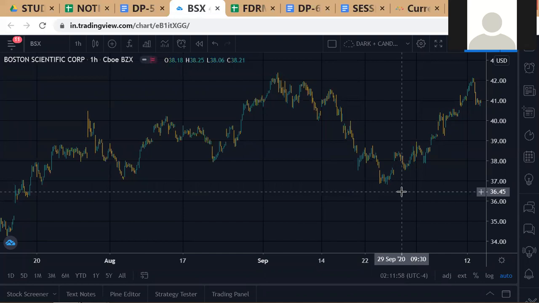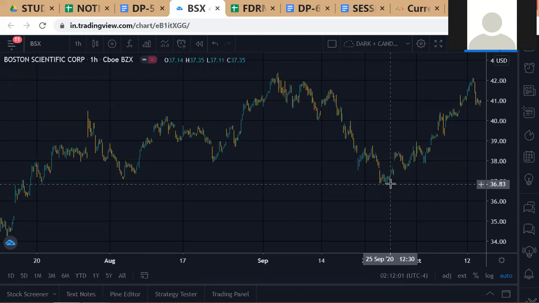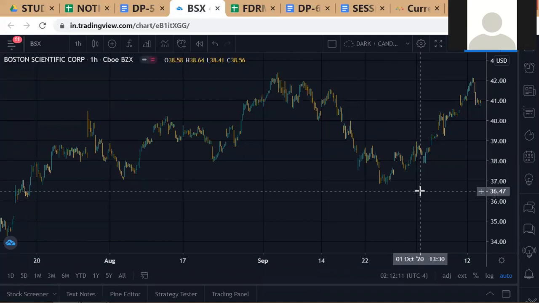Which means now the system will do this: once 36.99 is traded, 37 is broken, the system will immediately transmit a sell order, but not a market sell order. It will send a limit sell order at 36.50, that's the limit price I set, the stop limit price.